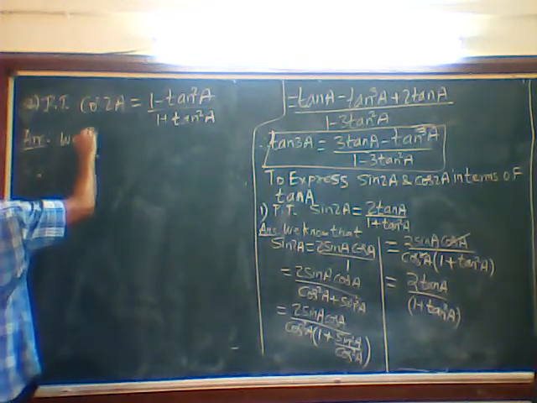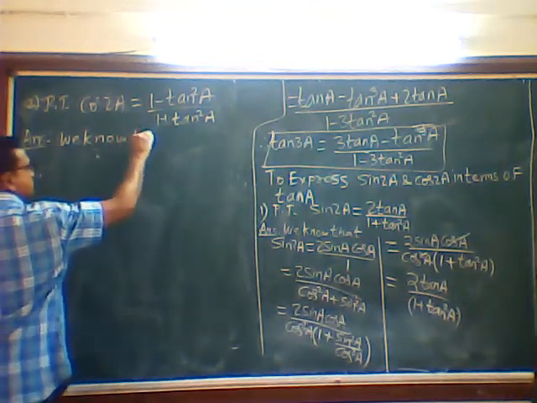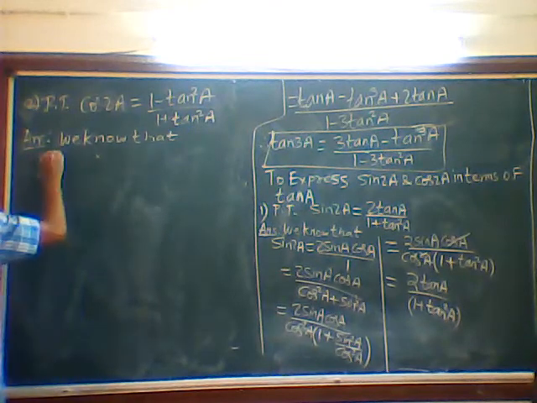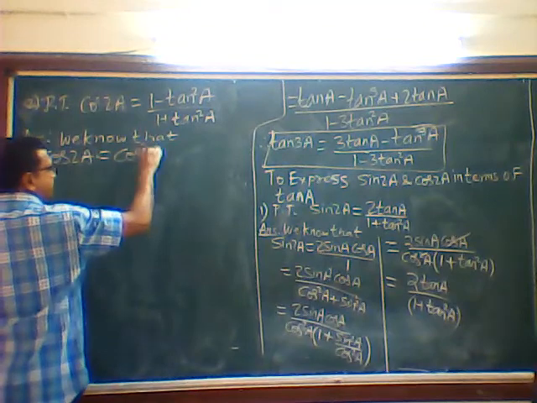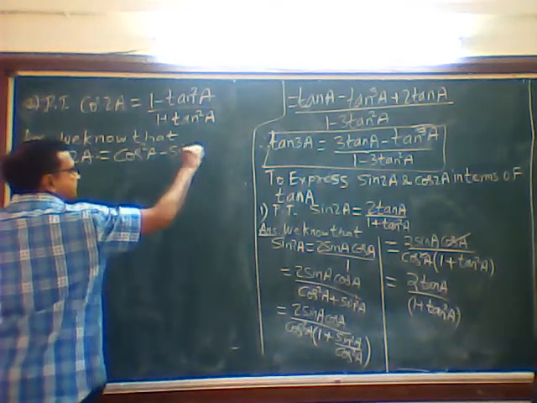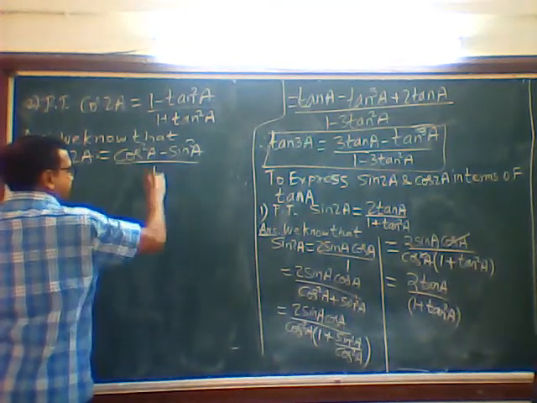We know that cos 2A, what was the first formula? Cos square A minus sin square A. Again I will say divided by 1.